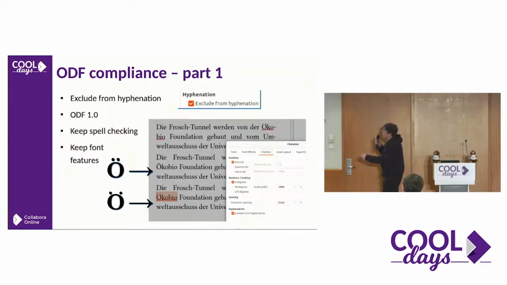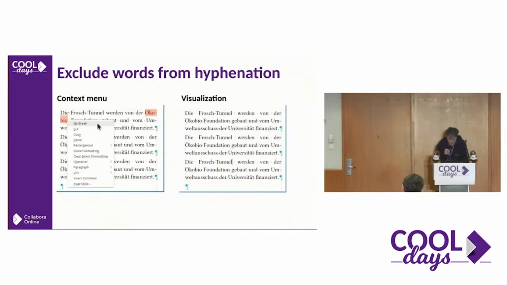It's not only spell checking missing for text with a non-text language, character language. The other part of the development was innovating a new user interface feedback related to words with disabled hyphenation. It's a gray dotted underline here. And it's very easy to switch the hyphenation on with the context menu.